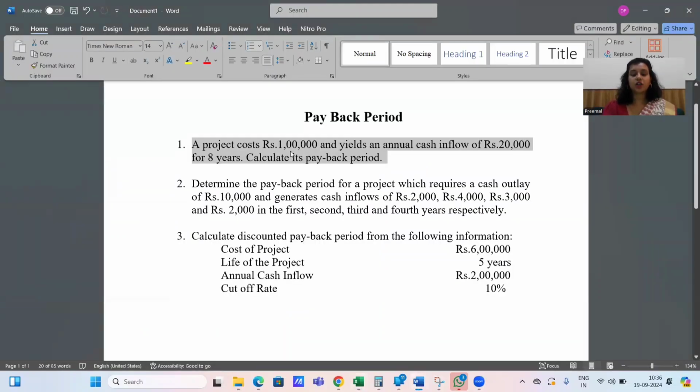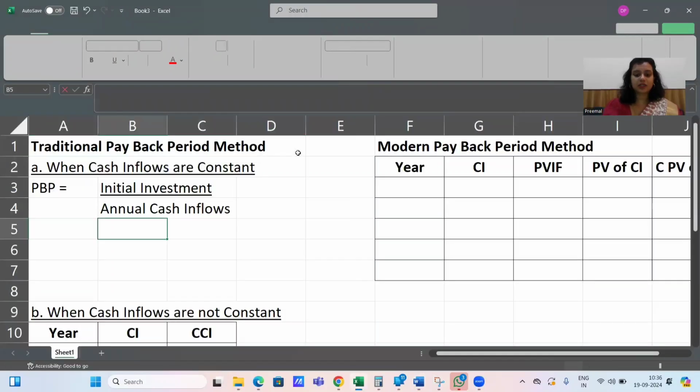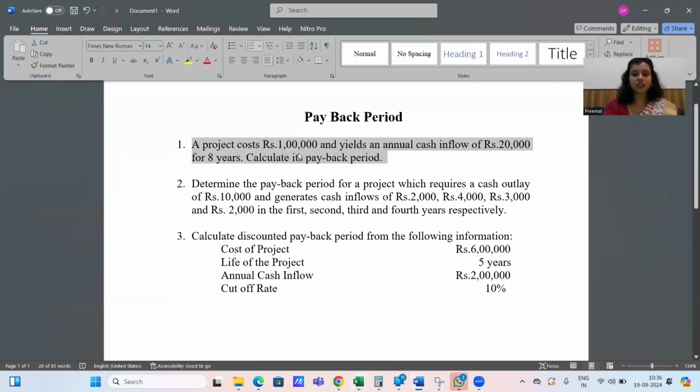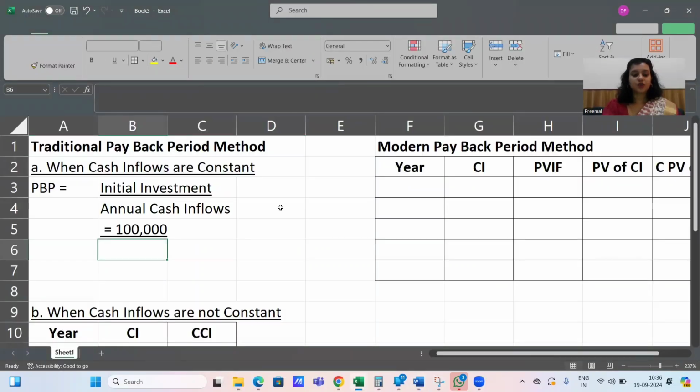Over here, the project costs rupees 1 lakh. This becomes the initial investment, 1 lakh, divided by the annual cash inflows. The annual cash inflows are 20,000. So in your denominator, you mention 20,000.